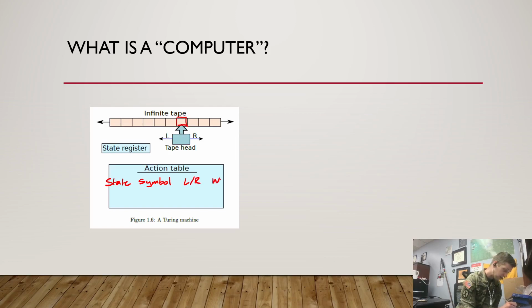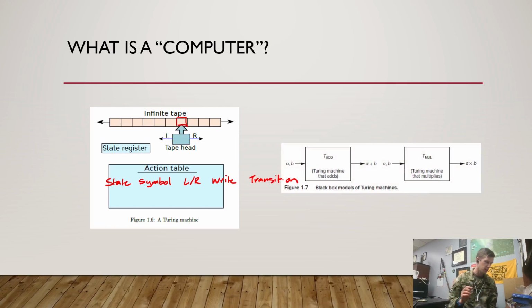It can write a new symbol on the tape, and it can also transition to a different state. With enough of these actions, this is basically a finite state machine, right? With enough of these actions, Turing said you can make a Turing machine do a number of very useful things.